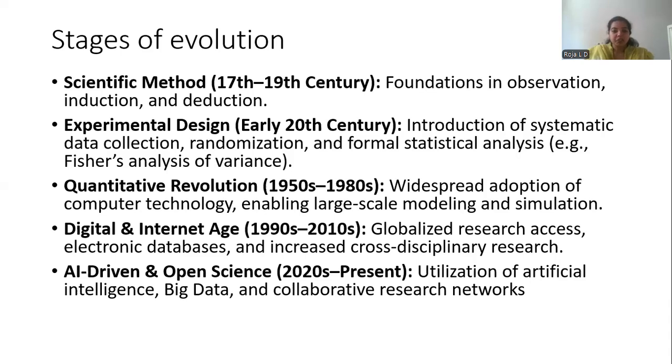Quantitative revolution, 1950s to 1980s: widespread adoption of computer technology, which enabled large-scale modeling and simulation. So previously computer technology was not widely spread, but from the 1950s to the 1980s, widespread adoption of computer technology took place, which led to modeling and simulation.